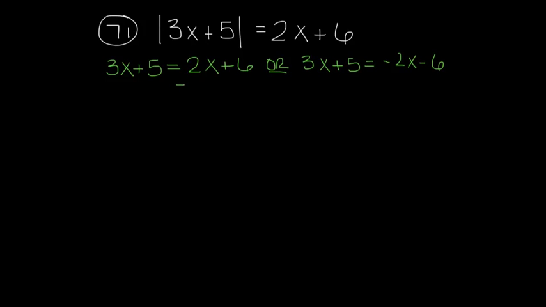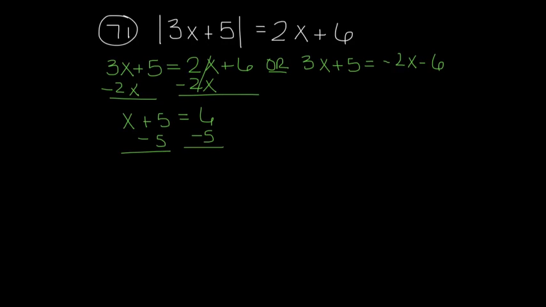Solving both of these equations, I could start by subtracting the 2x from both sides. 3x minus 2x is 1x plus 5 equals 6. Minus the 5 from both sides, I get x equals 1. So one possible solution is x equals 1. The other possible solution I could find by adding 2x to both sides, which gives me 5x plus 5 equals, my 2x's cancel, and I get negative 6.